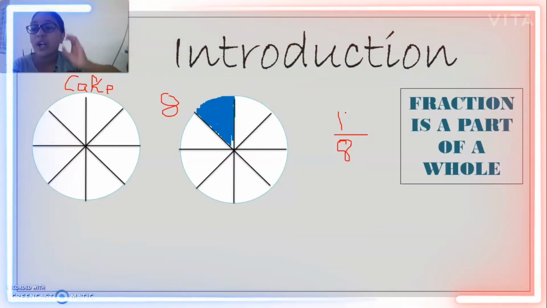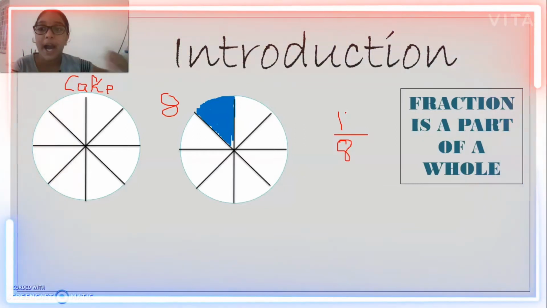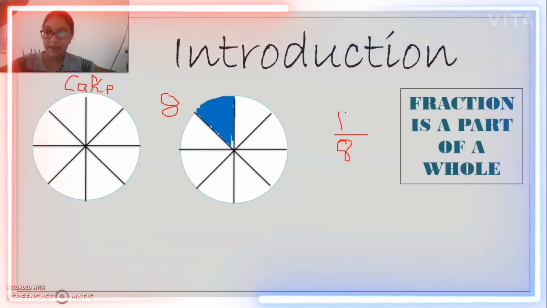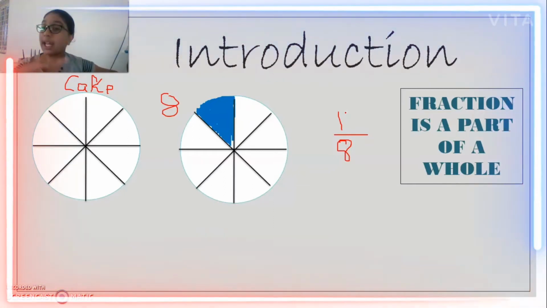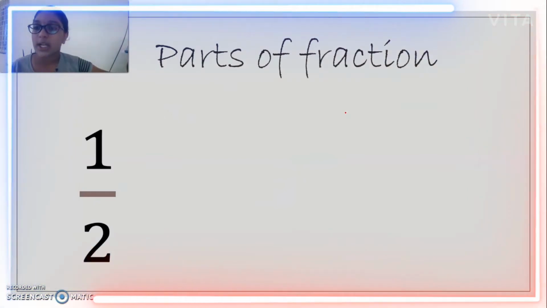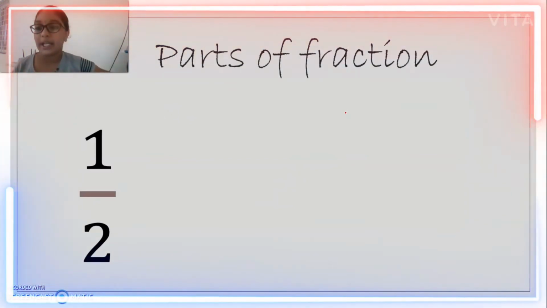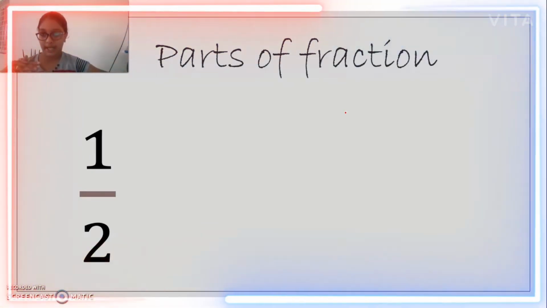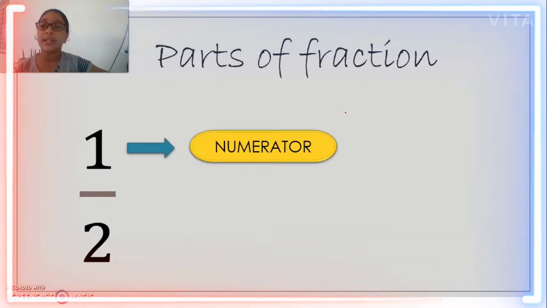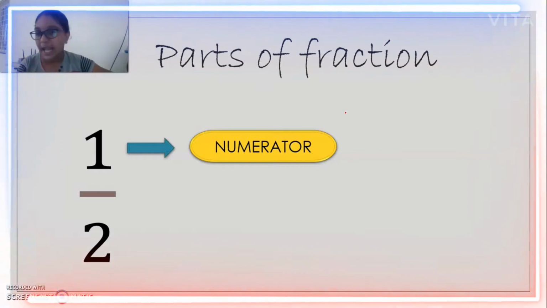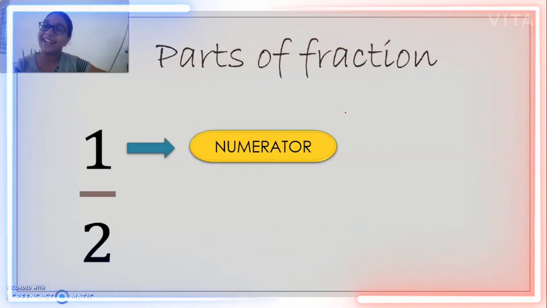Now let's learn what the parts of a fraction are called: the number which is above the line, the number which is below the line, and the line. Let's take the example of 1 by 2. The number which is above the line is known as the numerator.